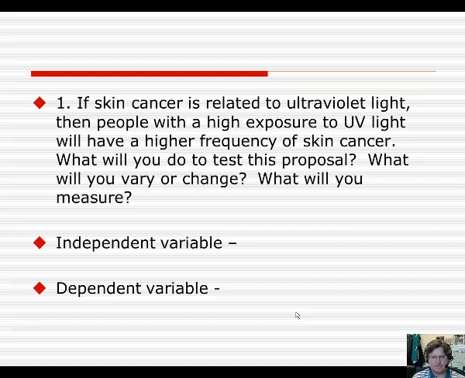What would your dependent variable be? Well, what you're trying to find out is the frequency of skin cancer, so that would be your dependent variable. Your independent variable here would be the amount of exposure to UV light. So you might design a study where you look at people who have skin cancer and people who don't, and then look at their previous exposure to ultraviolet light.